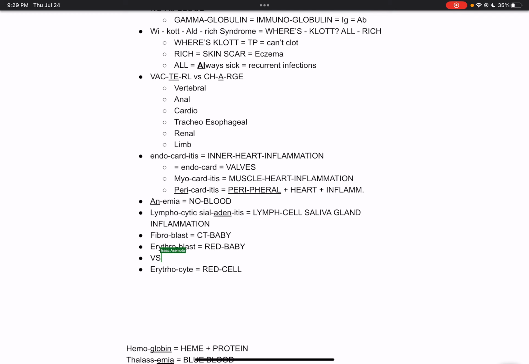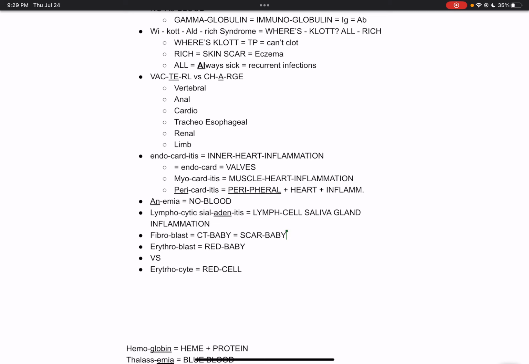Versus. So fibroblast is maybe the only scenario where the blast doesn't mature into some other kind of cell. The way I think of it is that fibroblasts, their job is to create scar. Scar is made of connective tissue. This is important. So fibro, which means fibers, that means connective tissue, but it also means scar because connective tissue and scar are the same thing basically.